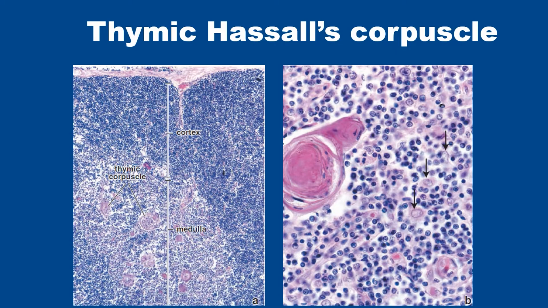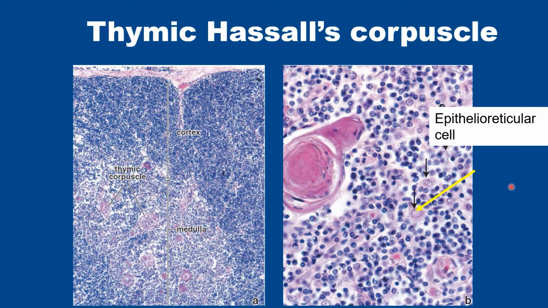The Hassall's corpuscles are nothing but the epithelioreticular cells, which are light colored cells among the dark colored T lymphocytes. The epithelioreticular cells form the thymic corpuscle or Hassall's corpuscle.